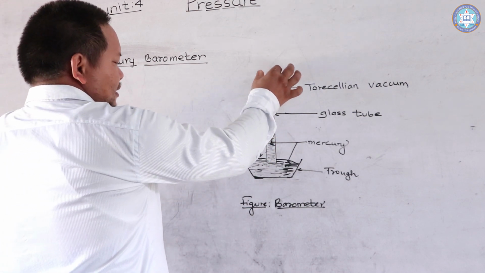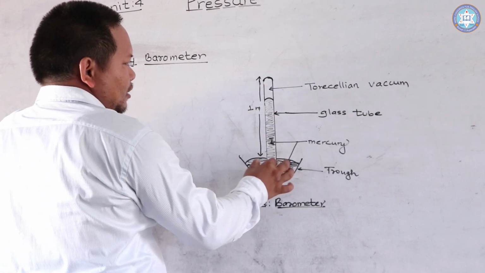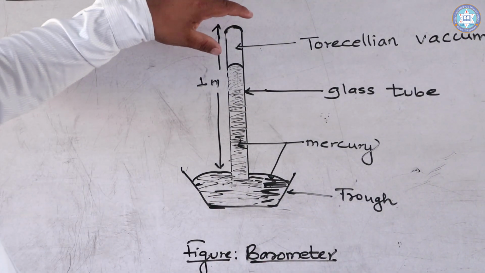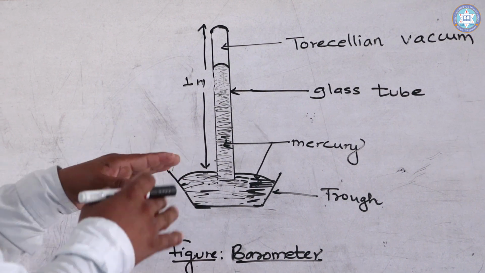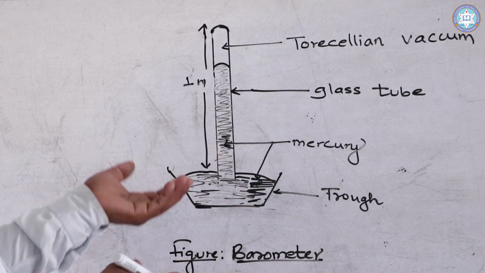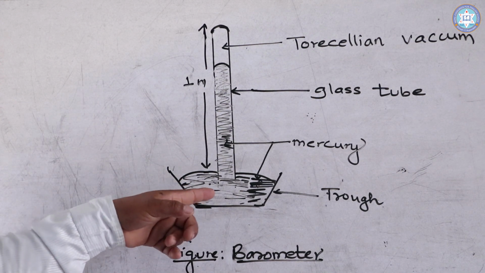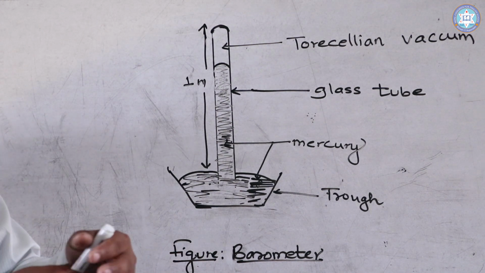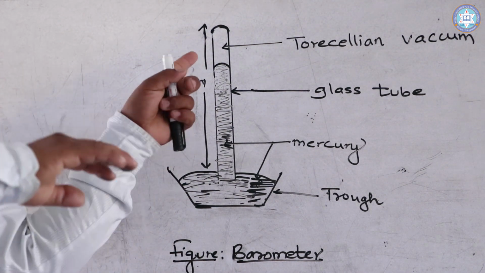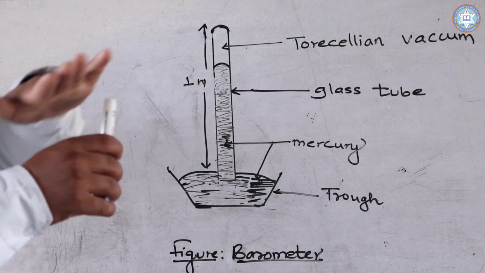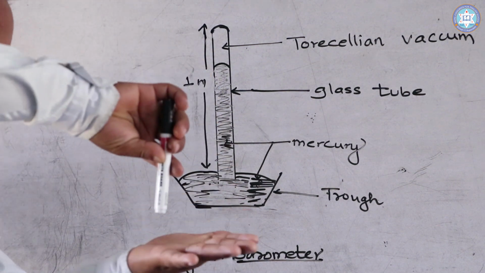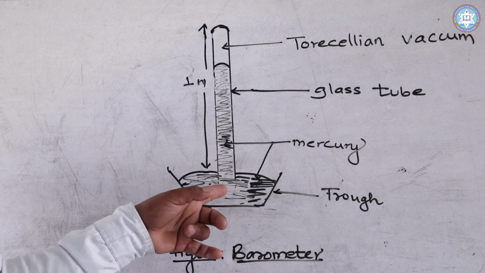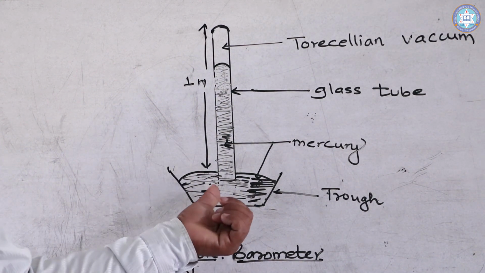For this we use a 1 meter long glass tube, which we first totally fill up with mercury, then invert it over the top of a container which also contains mercury.